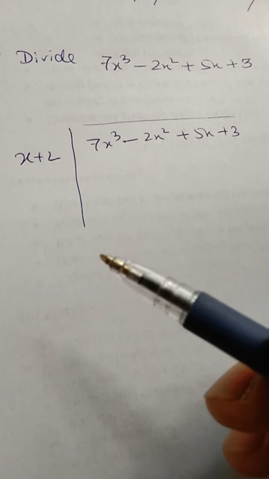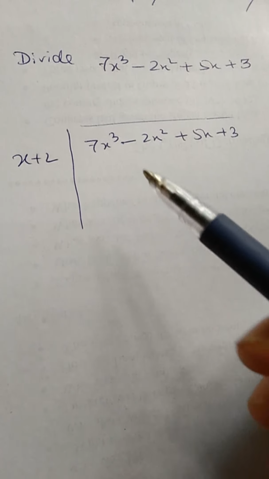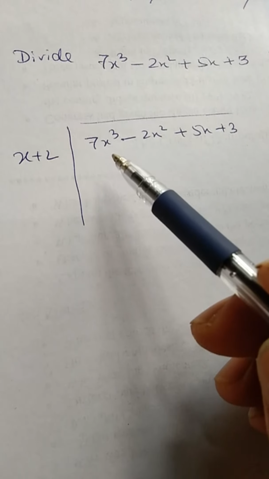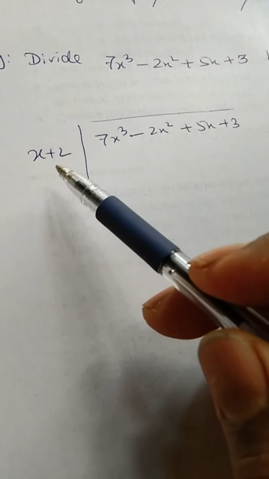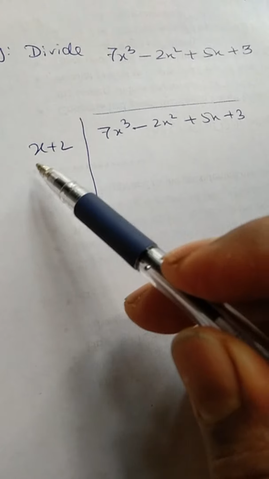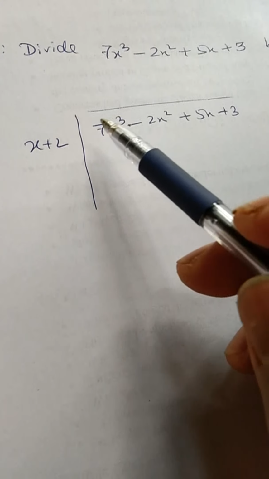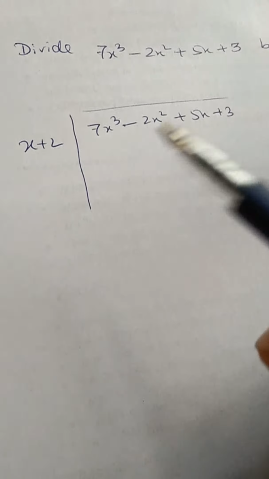So for this, first of all, we have to see the highest term, that is 7x cube, and here in the binomial, the term having the highest degree is x. So first we have to divide this 7x cube by x and see what we get.